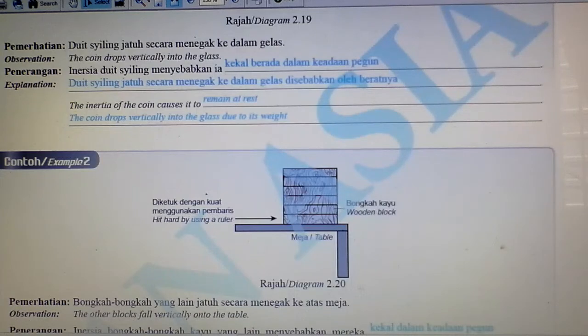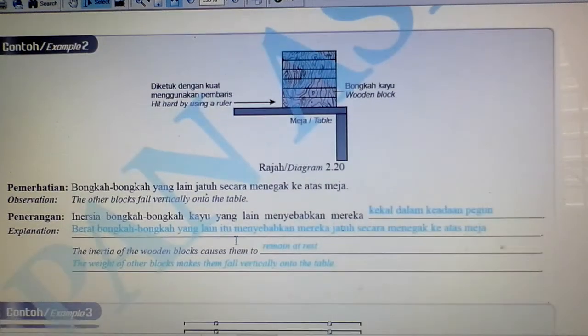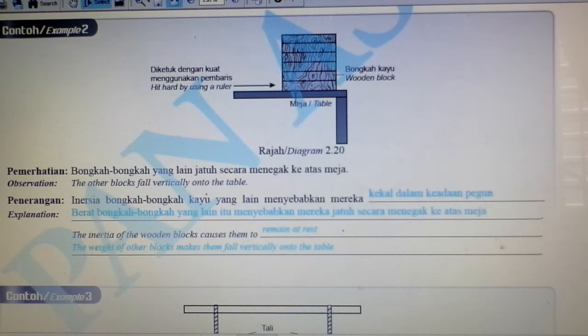We have a stack of wooden blocks. What we do is hit hard with a ruler at the bottom block. Observation: the other blocks fall vertically onto the table, meaning only the one that is hit moves out from the stack, but the rest remain at that position.